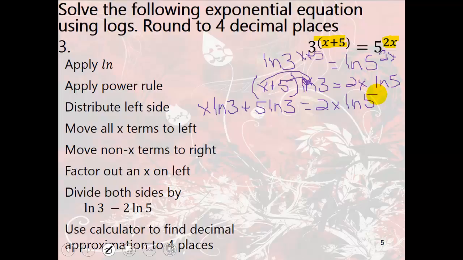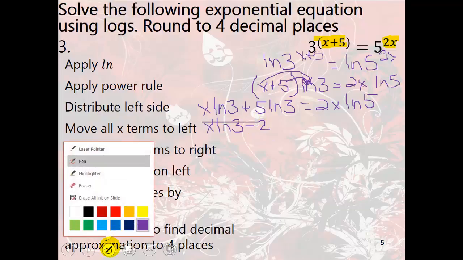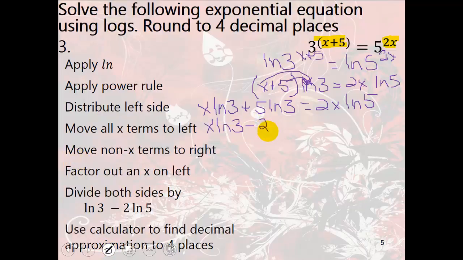Okay. Remember, our goal is to get our x's to the left, so I'm going to move my x term to the left. So I have x ln of 3 minus 2x ln of 5 plus 5 ln of 3 equals 0.